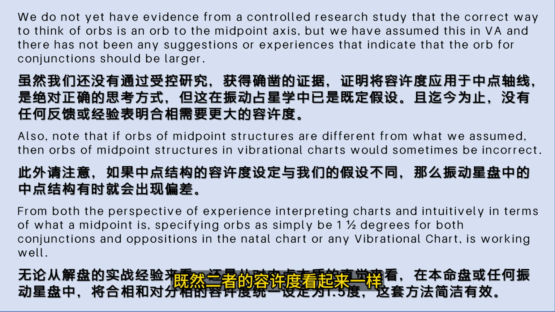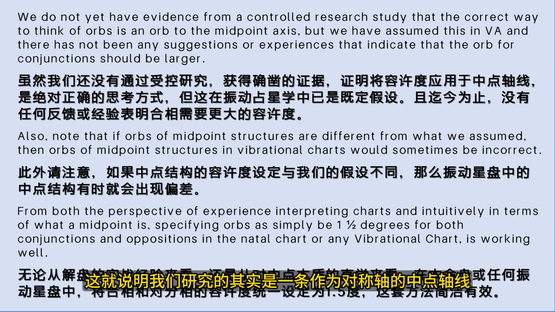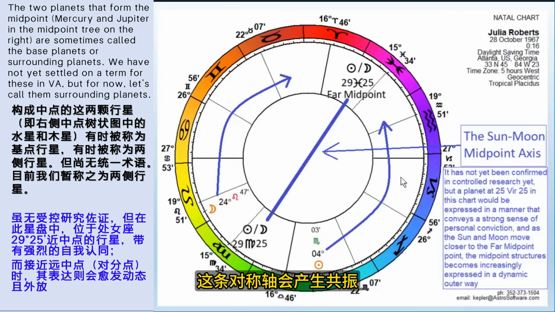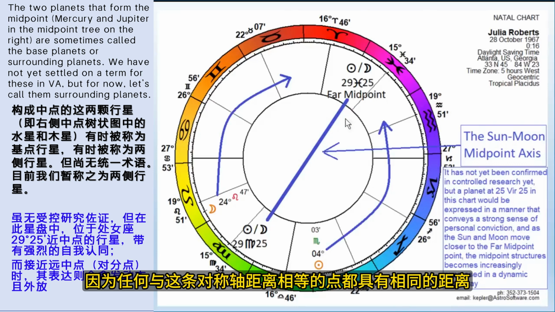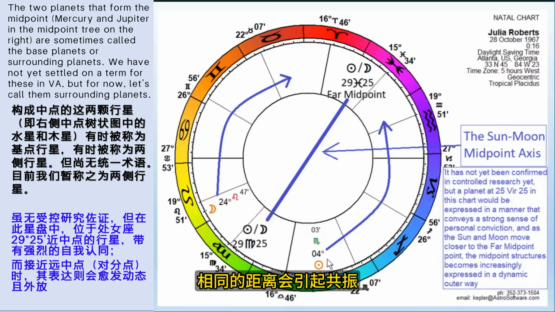All right, so because the orbs appear to be the same, it appears that we're really dealing with a midpoint axis, which is acting as a line of symmetry. And that line of symmetry is creating resonance, because anything equally distant from the line of symmetry has the same angular distance, and the same angular distance causes resonance. Now, I want to mention a few things here.